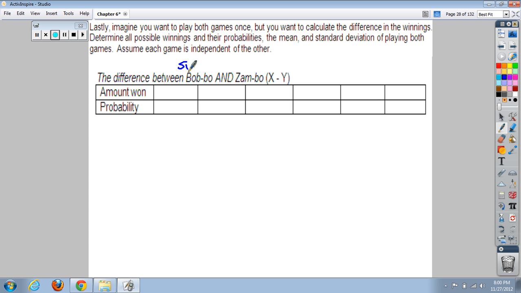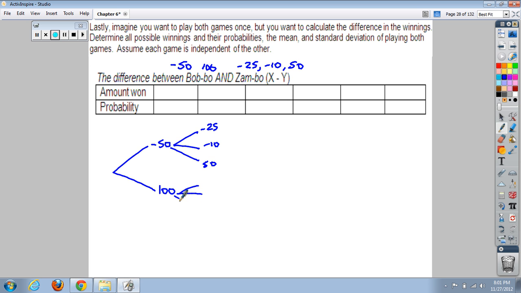Keep in mind, Bobo, we could either lose 50 bucks or make 100 bucks. Zambo, we could be down 25, down 10, or up 50. So if I were to do a tree diagram again, but now, instead of adding these values, I want to subtract them.